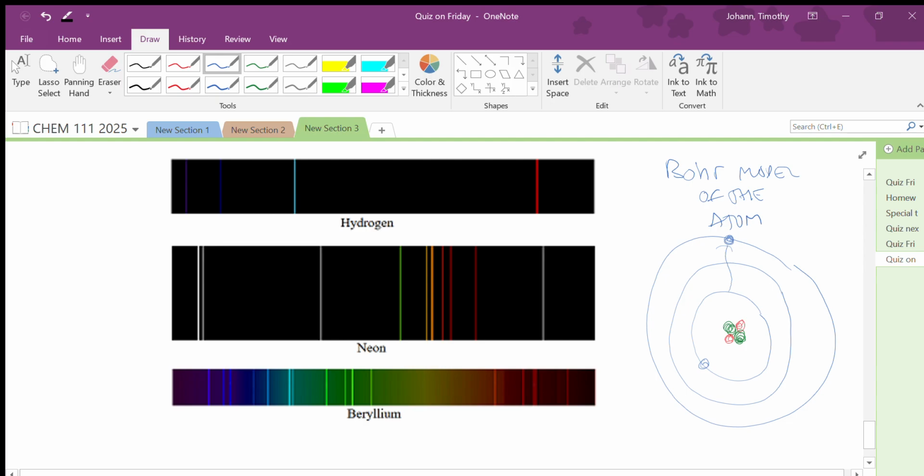And then it can come back, but it only has certain allowed energy levels it can go to. So I can bump it up to here and then it can come back down. Actually, let's just have it come all the way back down. That'll be simplest. When it does that, it's going to give up the energy that it had to get up to here, and it gives that off as light.